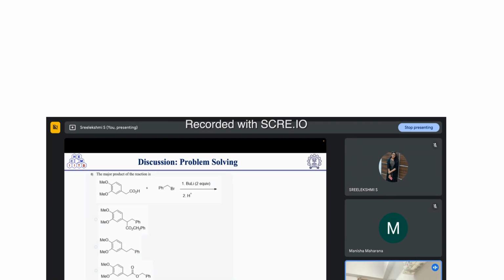Now the next question, the major product of the reaction. Here we are treating this carboxylic acid with this benzyl bromide in the presence of butyl lithium, followed by acidic workup.